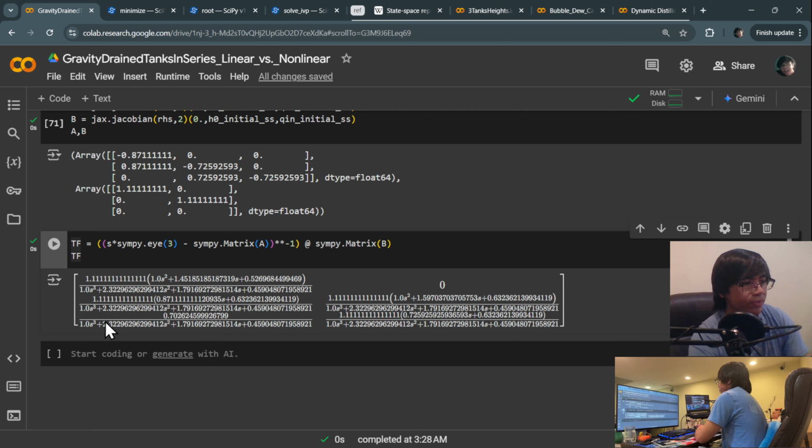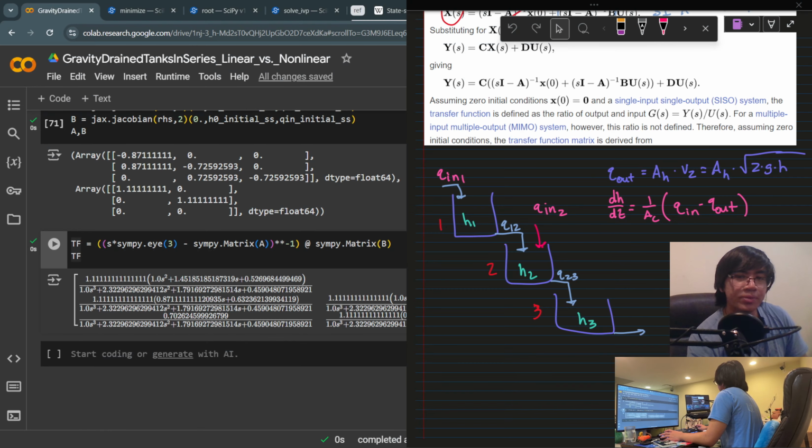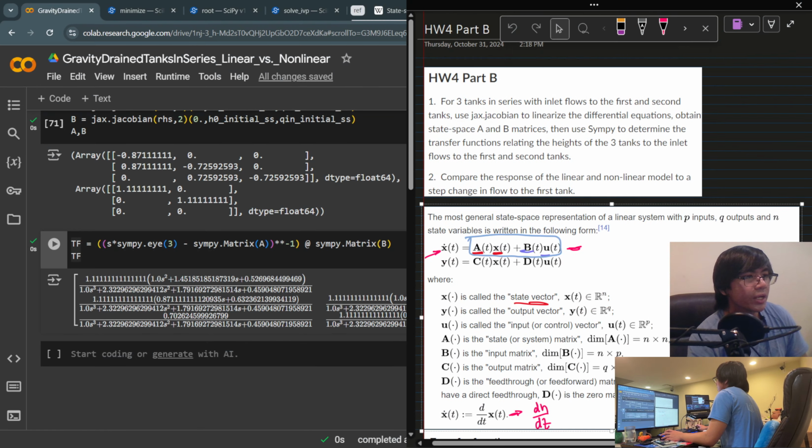And then the rows, you have 3 rows, so that's the height of tank 1, height of tank 2, height of tank 3. And I believe the problem statement, if I pull up my OneNote, we are interested in how the heights of the 3 tanks respond to the inlet flows.